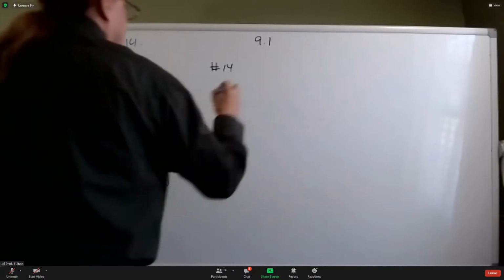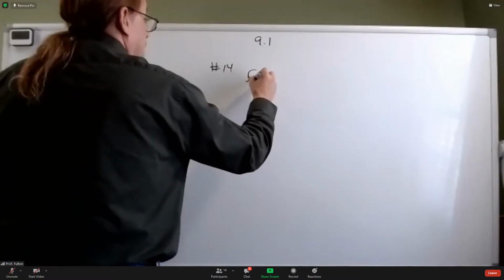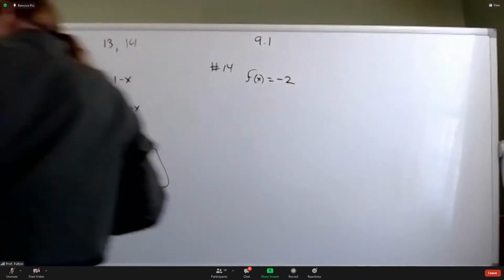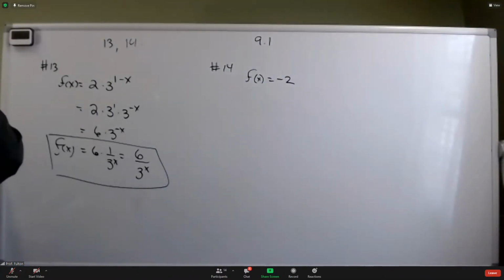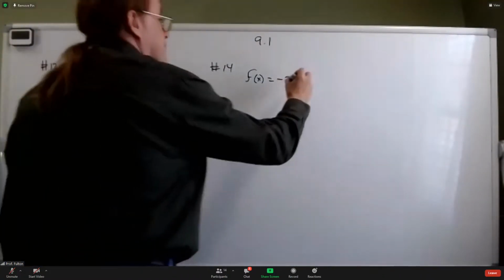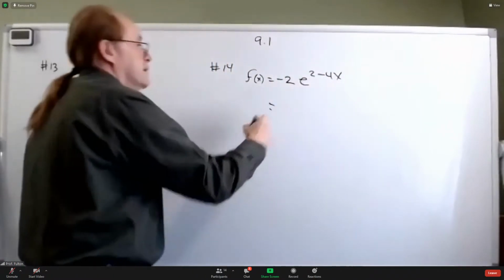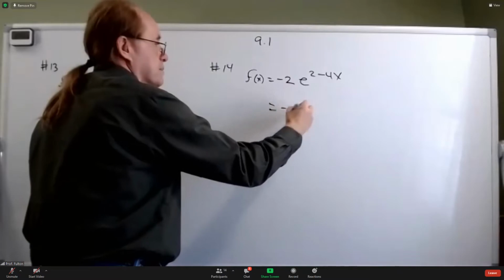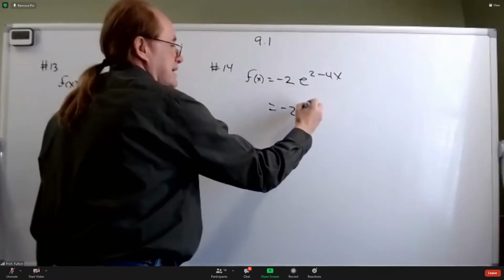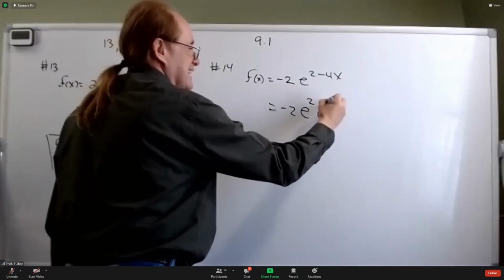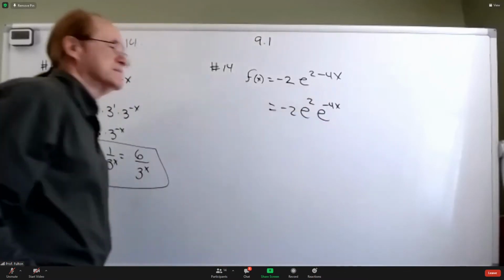So f of x is minus, take the negative of 2, e to the 2 minus 4x. Okay, negative 2 doesn't change. I'm going to expand that out, e to the 2 times e to the negative 4x.